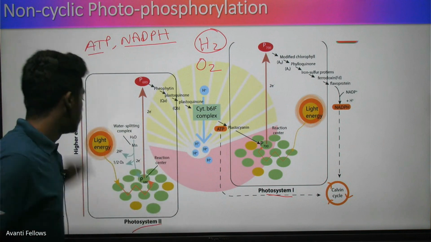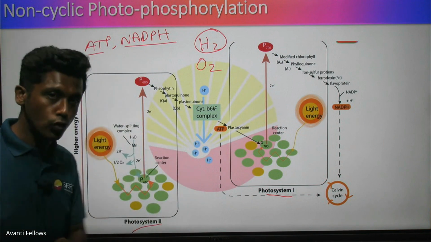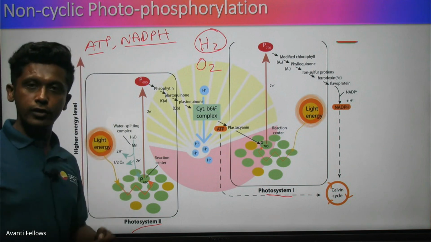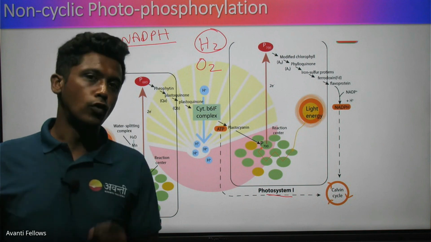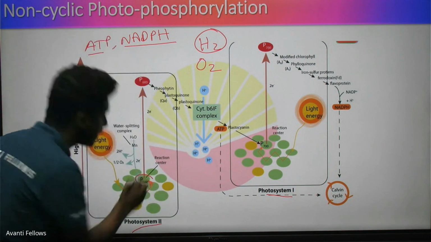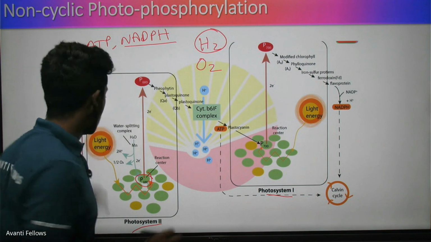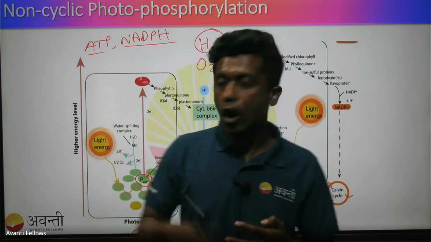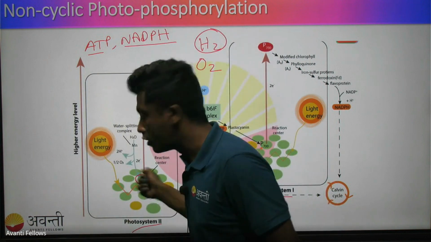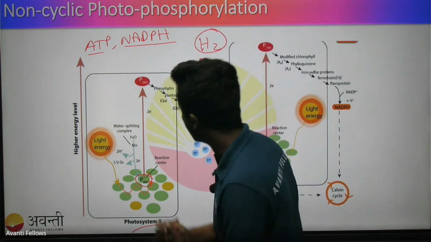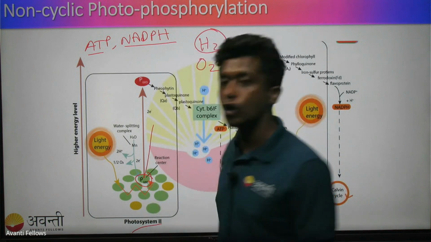I told you it starts from photosystem 2. Here in photosystem 2, what happens? Light is incident on photosystem 2. When the light, with a wavelength of around 680 nanometers, is incident, this energy makes the atoms of the chlorophyll, P680, get excited. These excited electrons jump from their atomic orbitals.